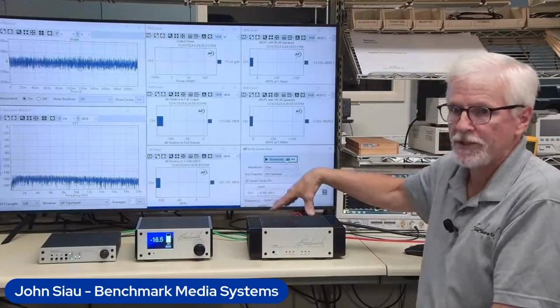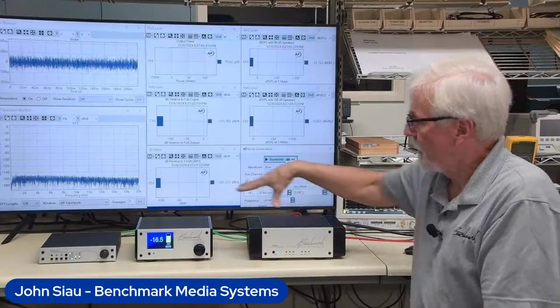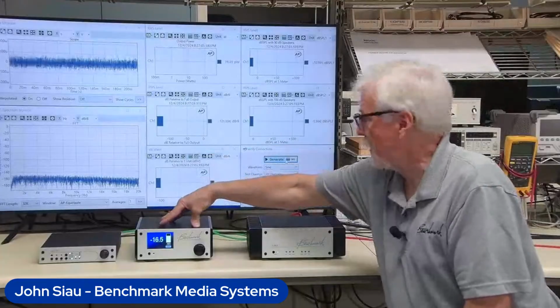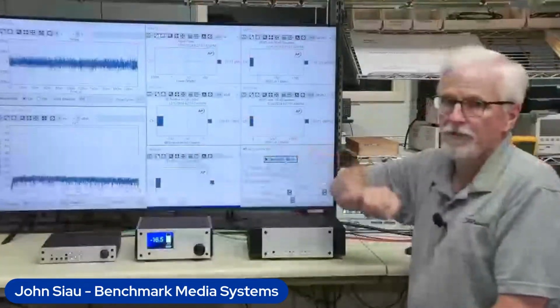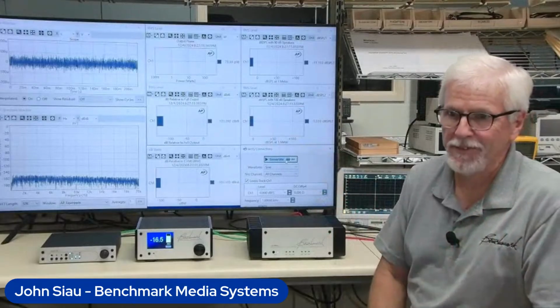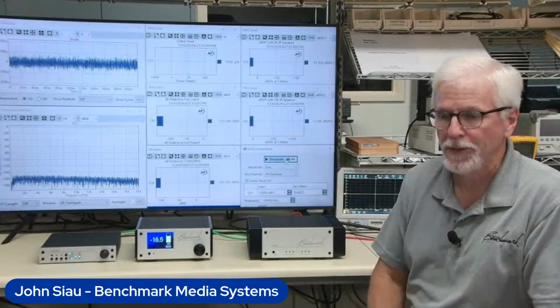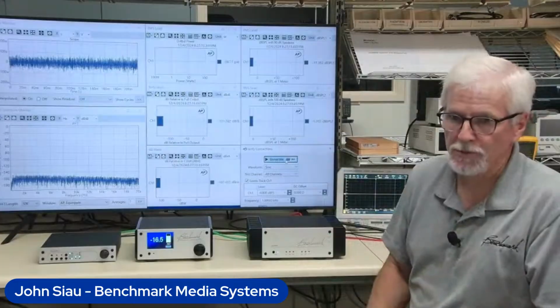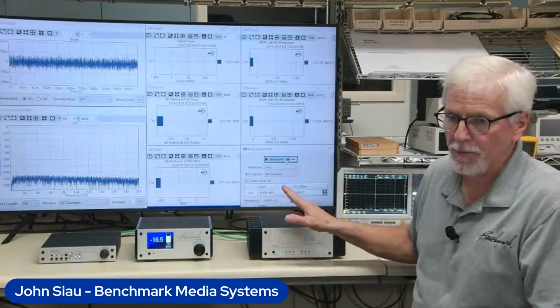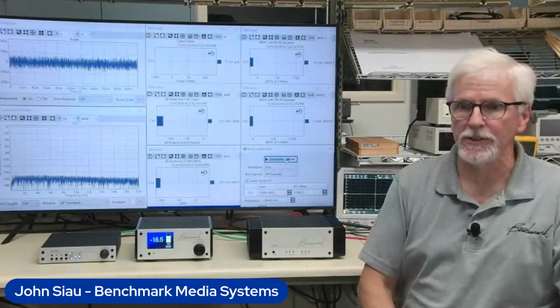The AHP2's got too much gain, but because this is a low noise device, it was able to achieve, almost exactly within half a dB or 3/4 of a dB, the same signal to noise ratio that we would have had in a properly configured system.